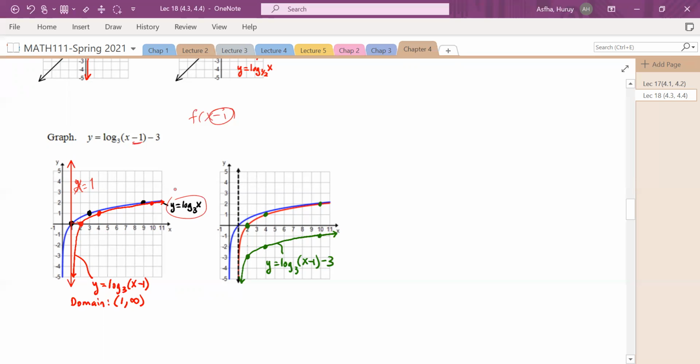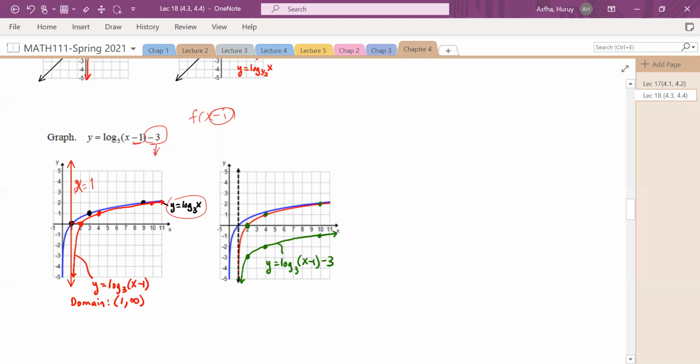And then the next is we go to this, and this one we know it shifts the graph because it's negative. It shifts the graph 3 units down. Therefore, we will shift this red graph down by 3 units, and that's what we have right here. So we just shift the red, because the blue is the original, so we are on the red line now.